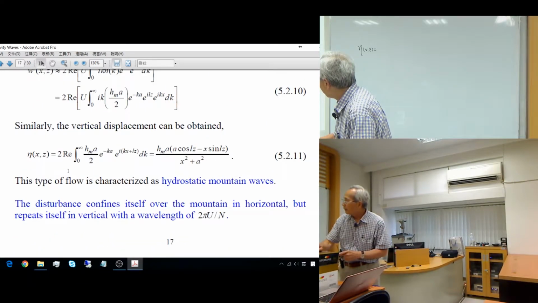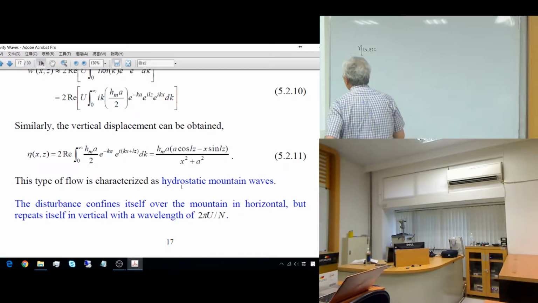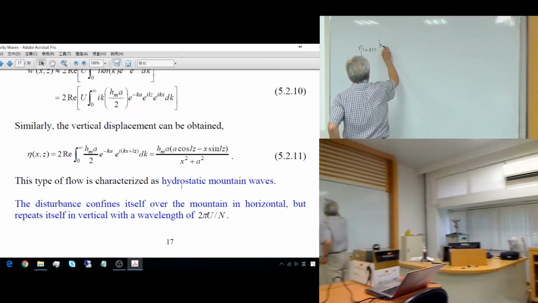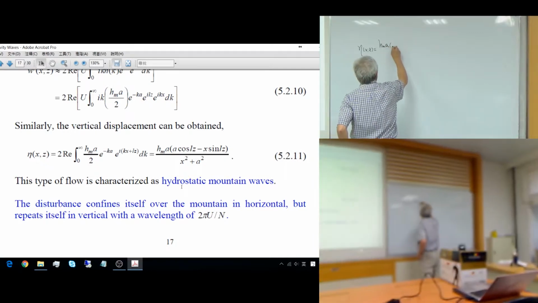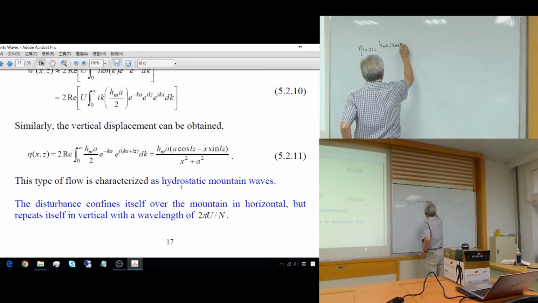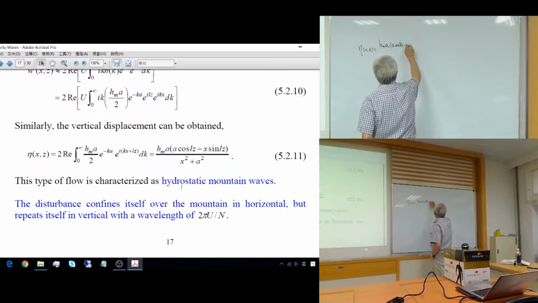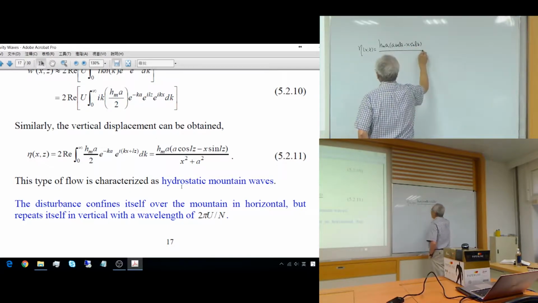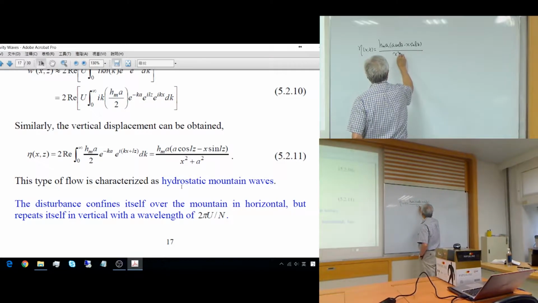So this is the solution we have: eta equals Hm times A, and then A times cosine Lg minus X sine Lg, divided by X squared plus A squared.